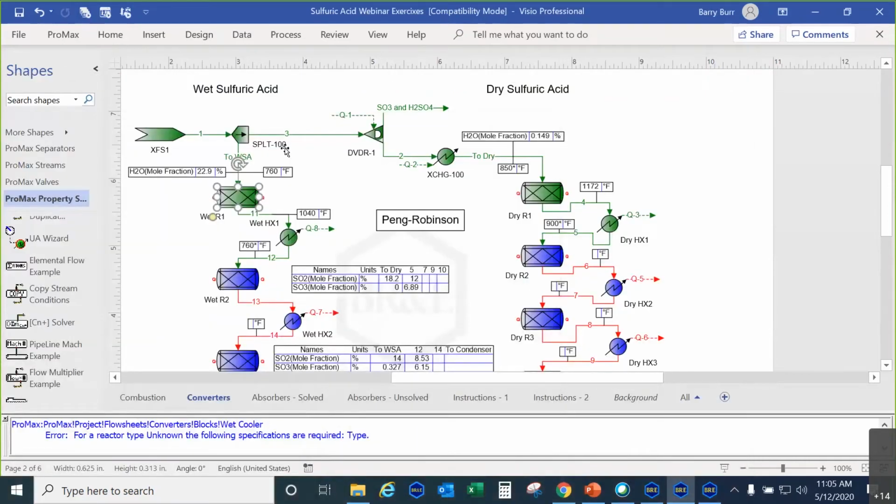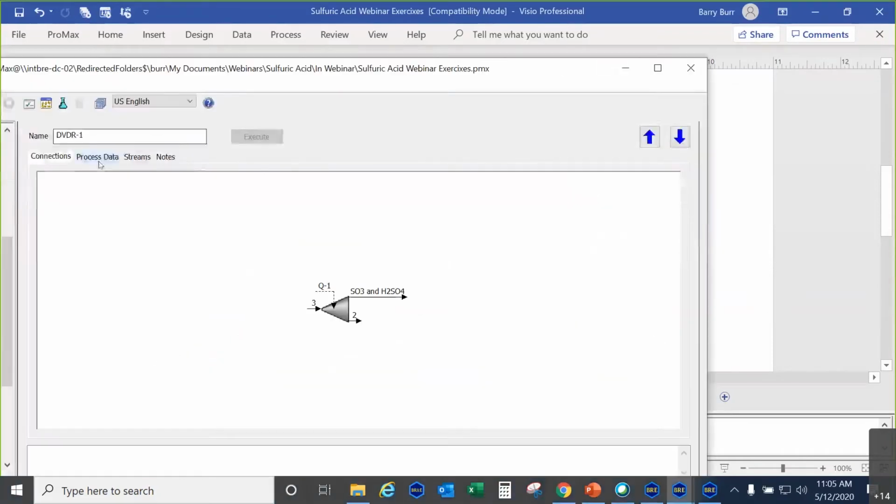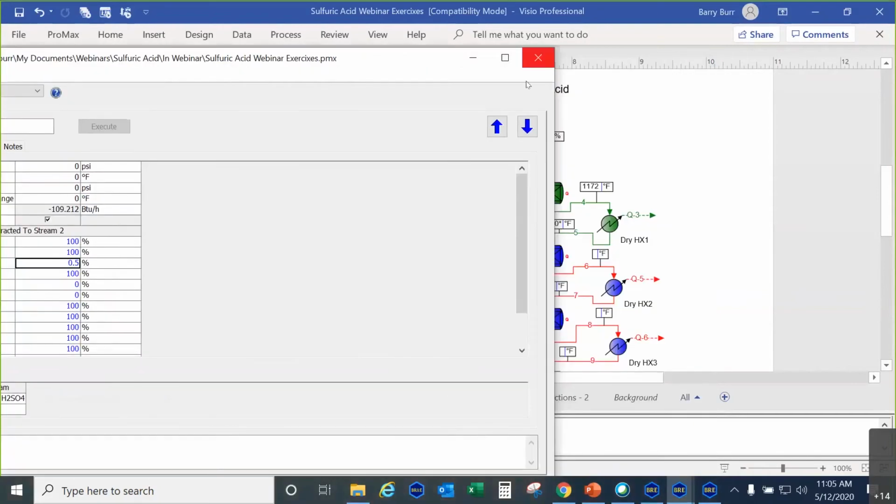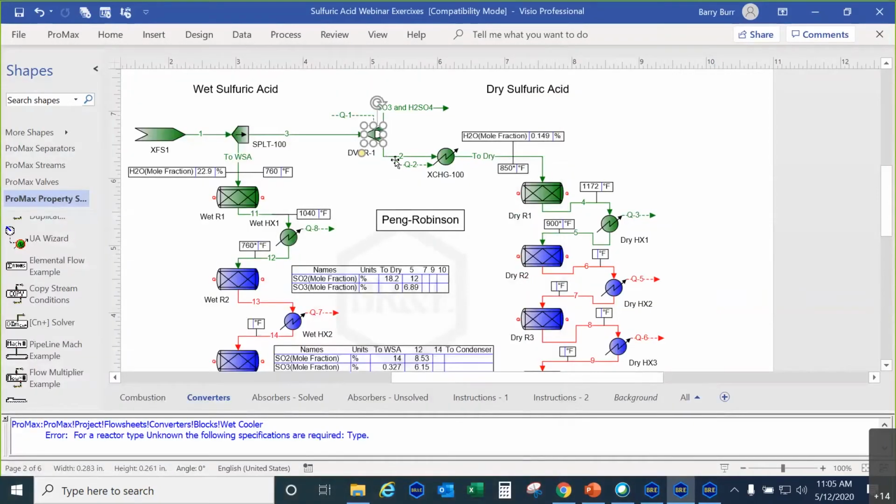Over here on the dry process, we're just doing a quick and dirty estimation of the feed stream to the dry process by removing all the SO3 and sulfuric acid and water using a divider block. So all the water, let's see, maybe not all the water, but we look and see how it's configured. 99.5% of the water is being removed, or 0.5% of it is being sent to stream 2.